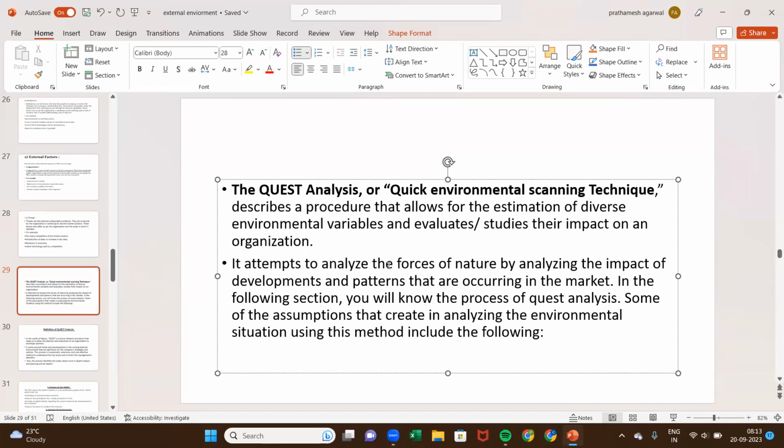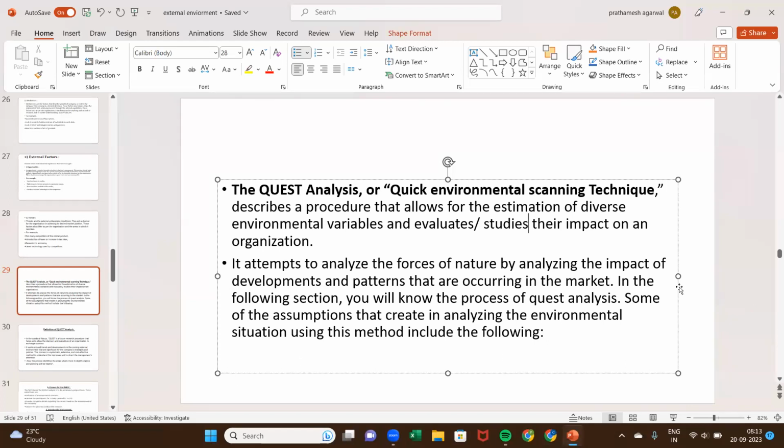Secondly, it attempts to analyze the forces of nature by analyzing the impact of developments and patterns. Developments and patterns. All right. In the following section, you will know the process of quest analysis. Now, let's see what is quest analysis.